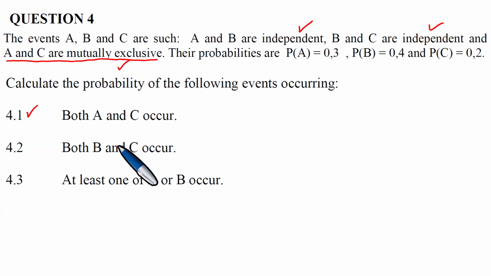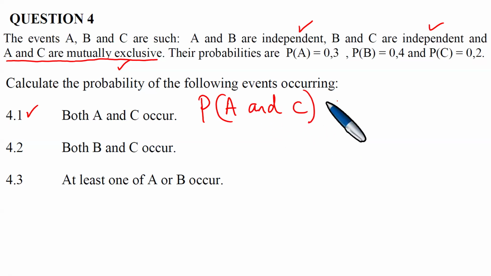So if two events are mutually exclusive, then we know that the probability of A and C is equal to 0.